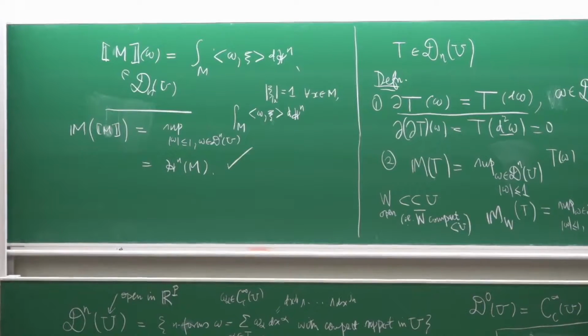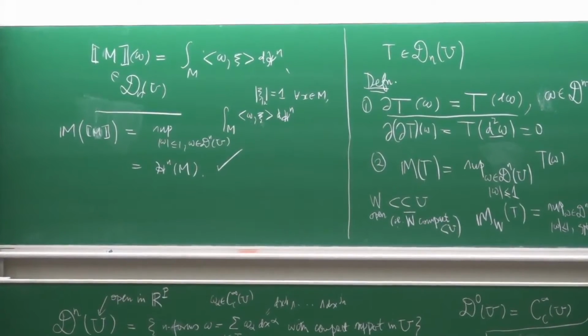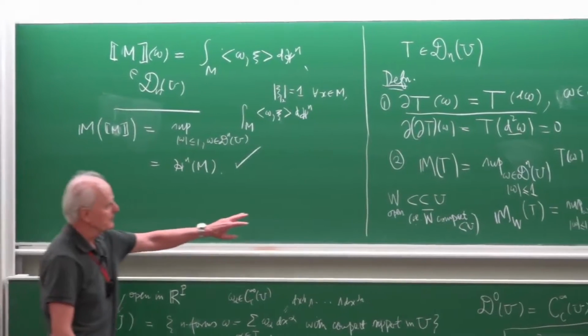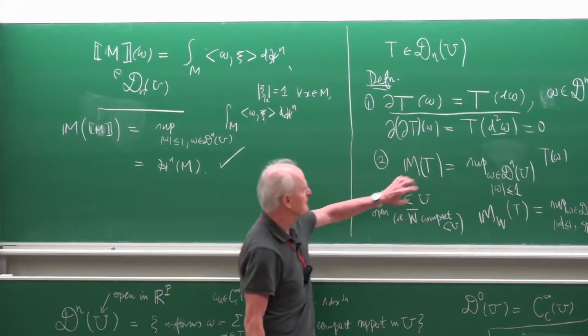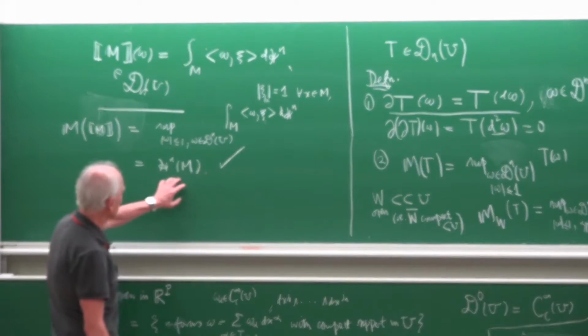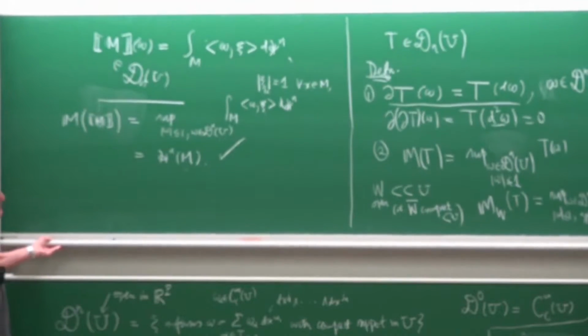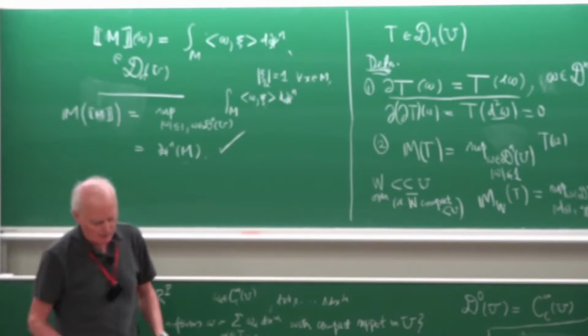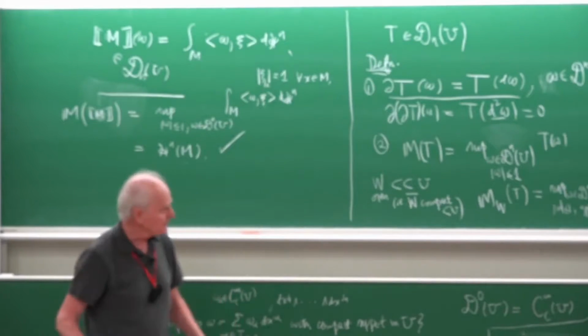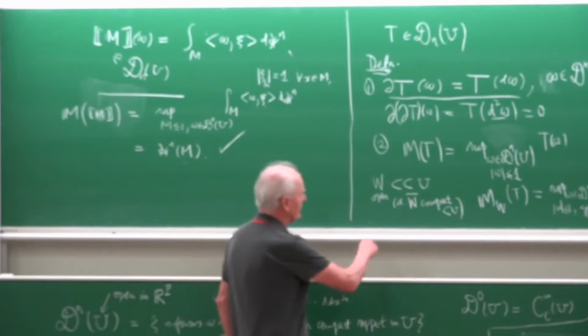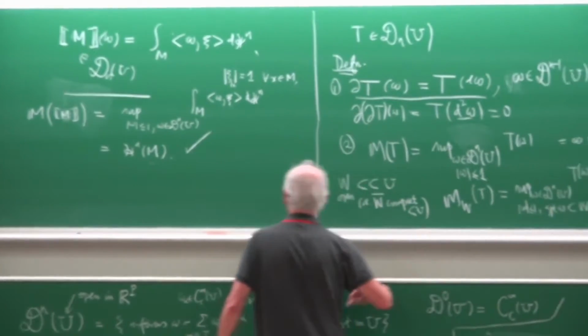That seems like the right definition then. So this does seem like the correct definition of mass, because it does work out correctly in this prototypical example. Okay, that's good. Now, let's investigate a little bit what the finiteness of this means.